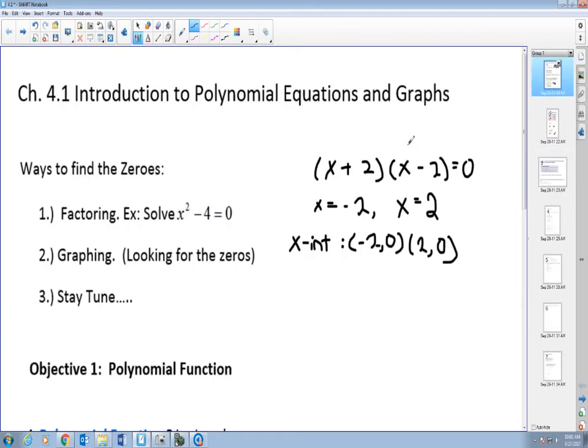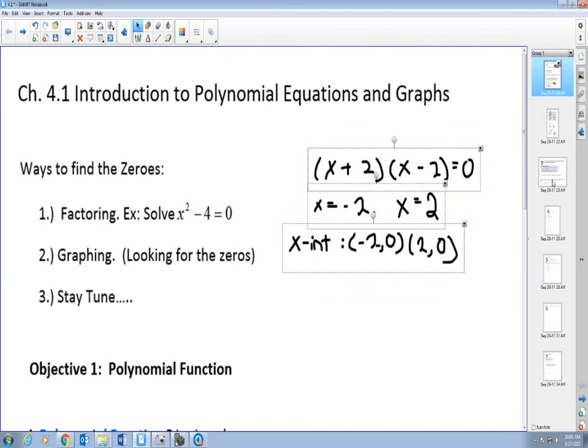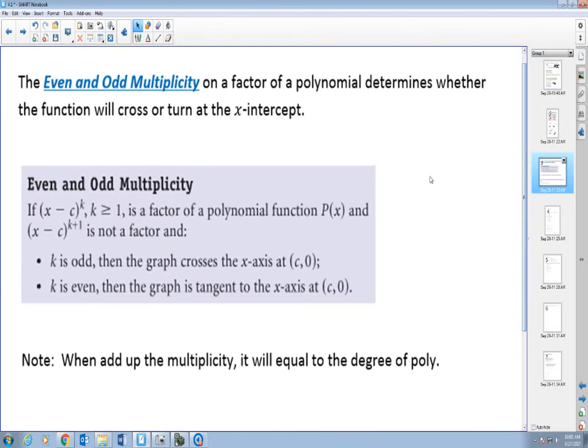So using this one for example, the even and odd multiplicity refers to the factors of the polynomial.